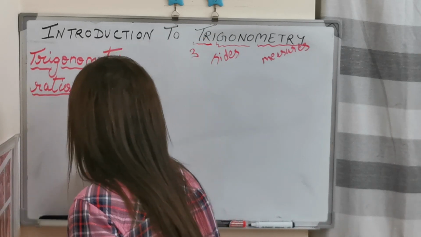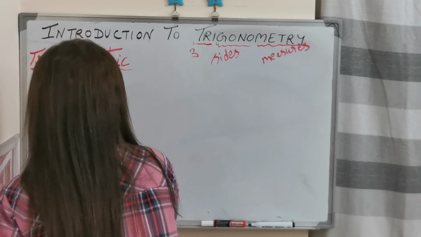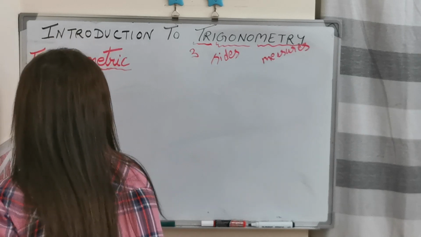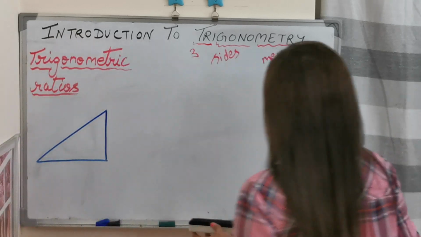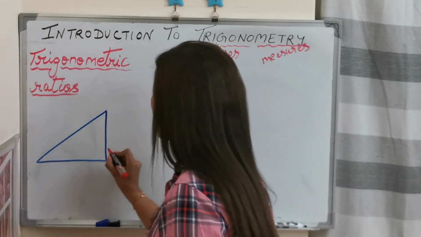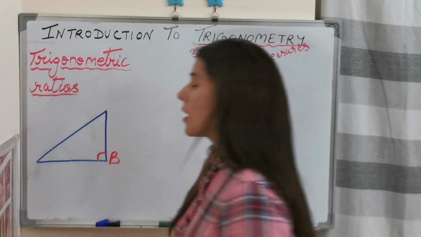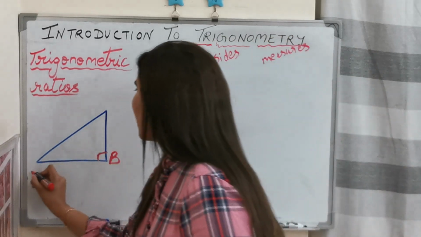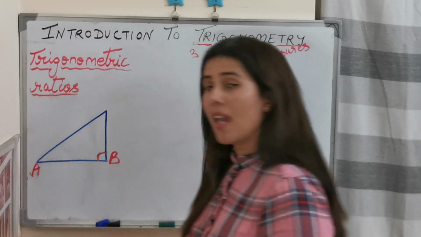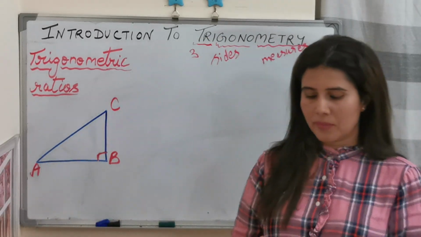So I'm going to draw a right angle triangle for you here first. So this is a right angle triangle, right angled at point B. So this is the point B. This we are taking as a point A. This is a point C.